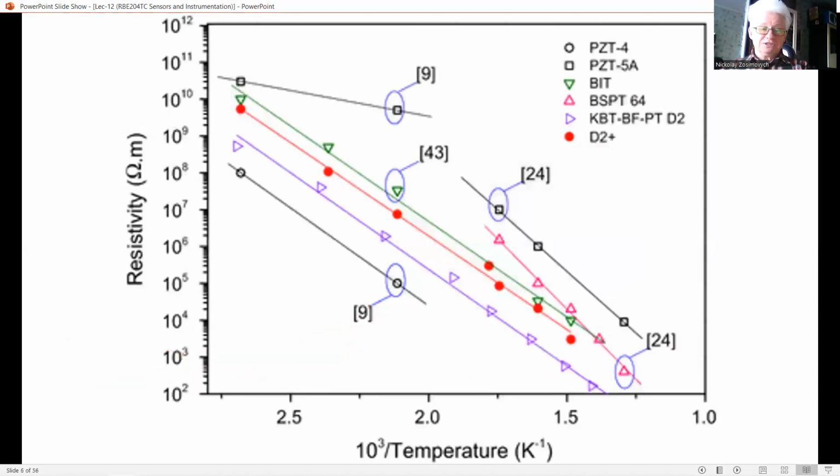A further point of attention is the temperature sensitivity. There are various causes for these temperature effects. First, piezoelectric materials are pyroelectric, so they also respond to temperature changes.